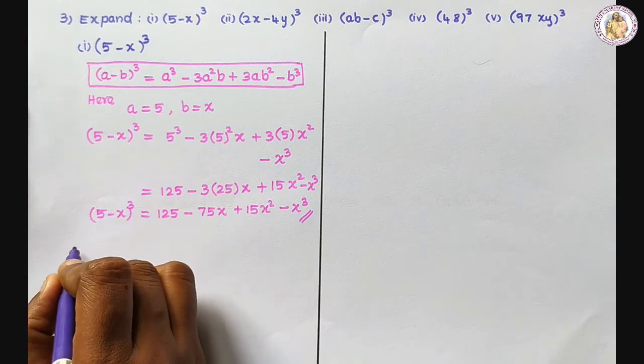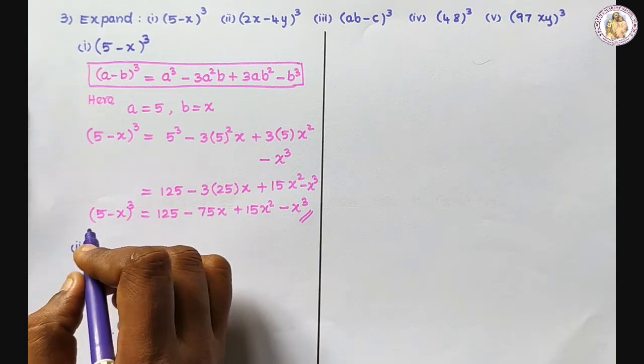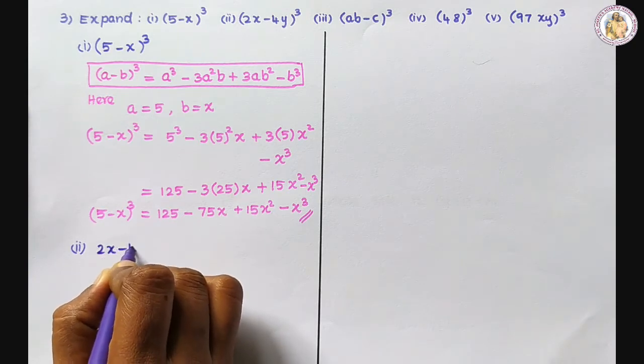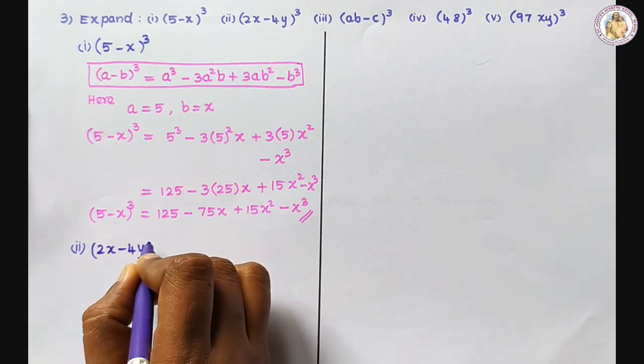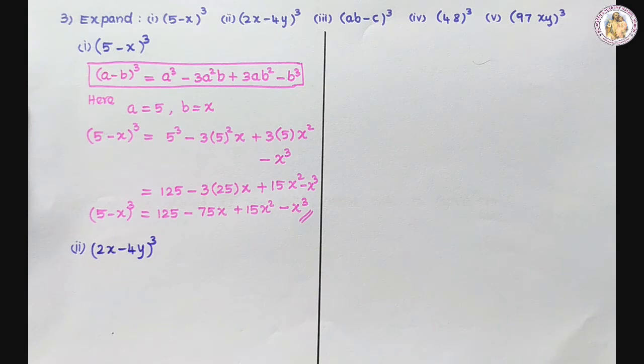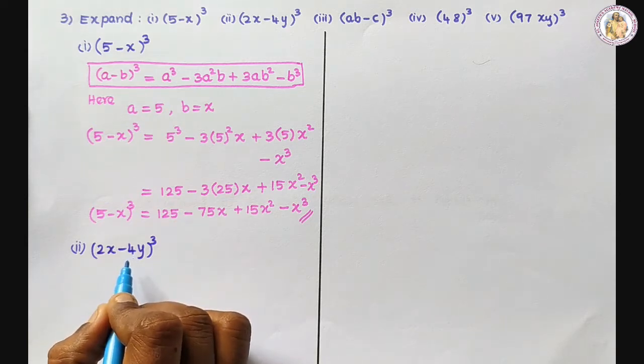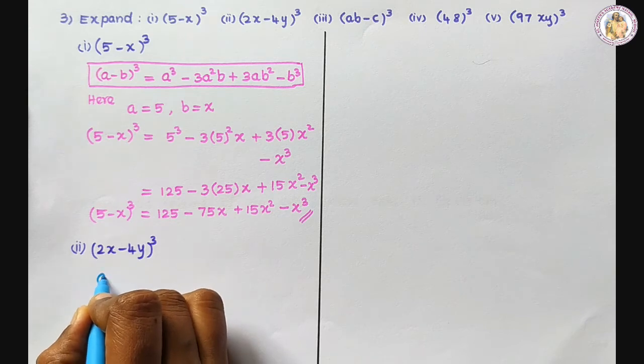Next one. 2x minus 4y whole cube. 2x minus 4y whole cube, that is also a minus b whole cube format. So write down the formula.